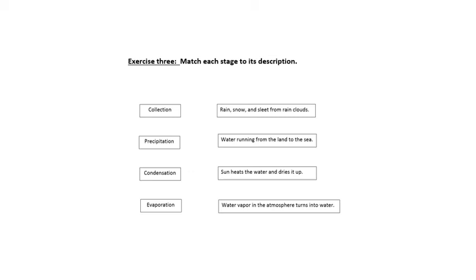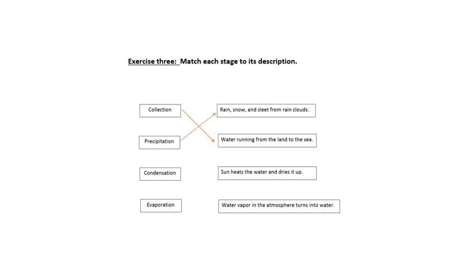Collection, it's when water running from the land to the sea, okay? So the water still didn't change. Now precipitation. Precipitation, we know that it occurs after condensation. So precipitation is rain, snow, and sleet from rain clouds, right?